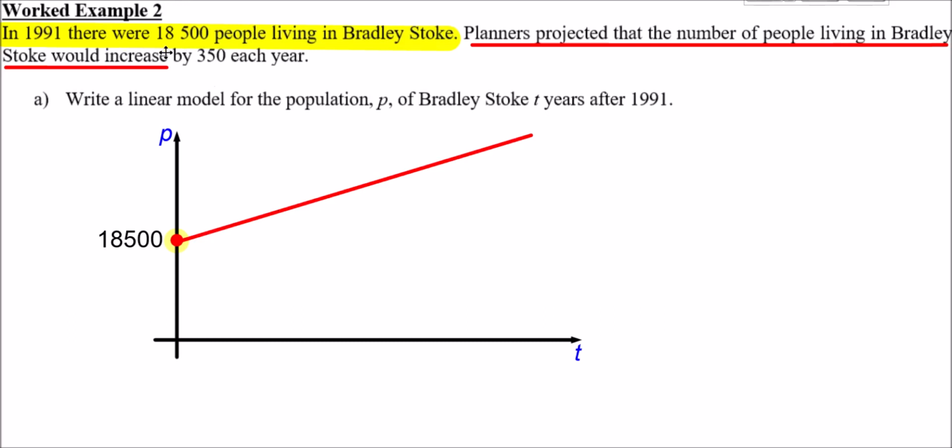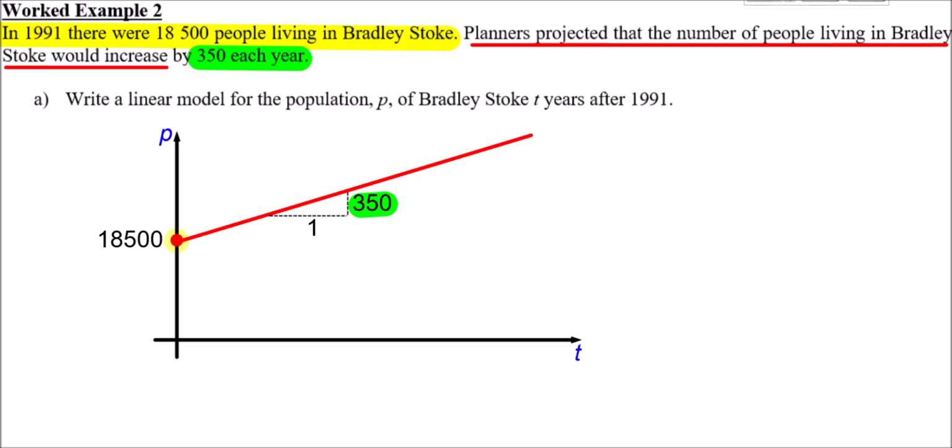Next it says it's going to increase by 350 each year. That means for every extra year we go along, the population is expected to go up by 350. And so this essentially is the gradient: for every 1 year along, 350 up, another 1 along, 350 up.